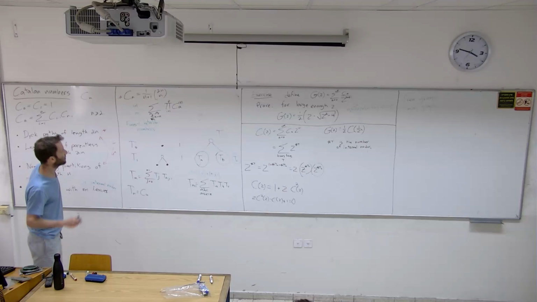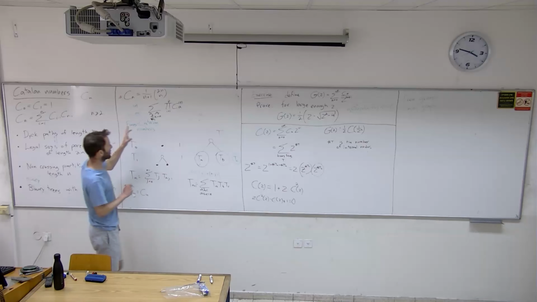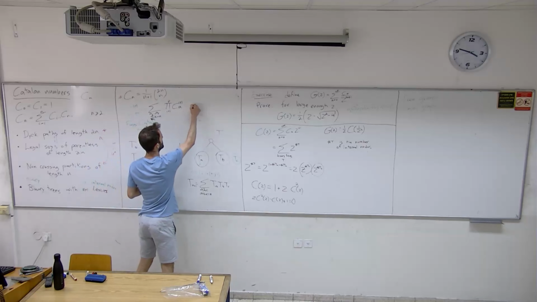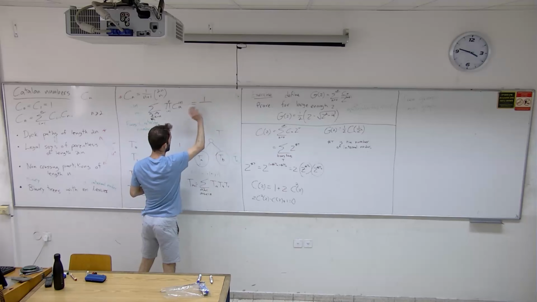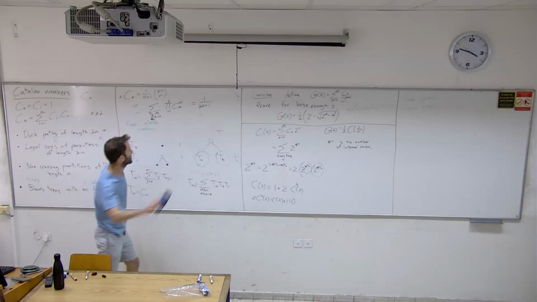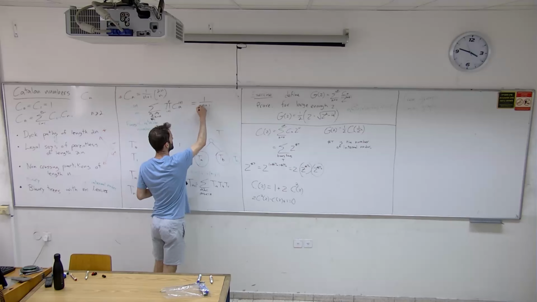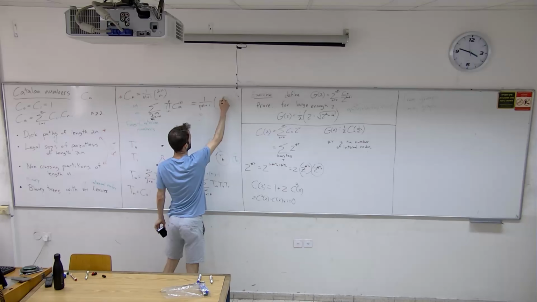And it turns out that this can be solved as well to get a closed formula. And the formula is, and this we will not do, 1 over (p-1)n plus 1 times the binomial coefficient of pn choose n.